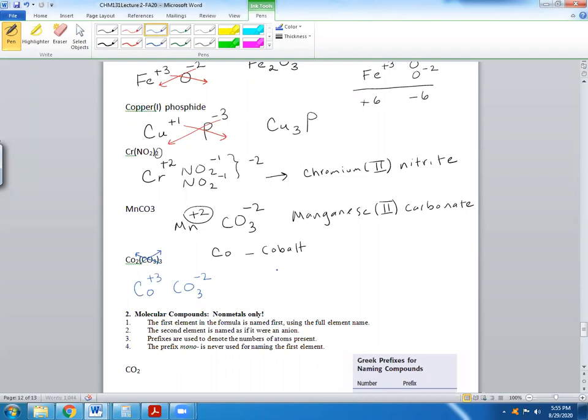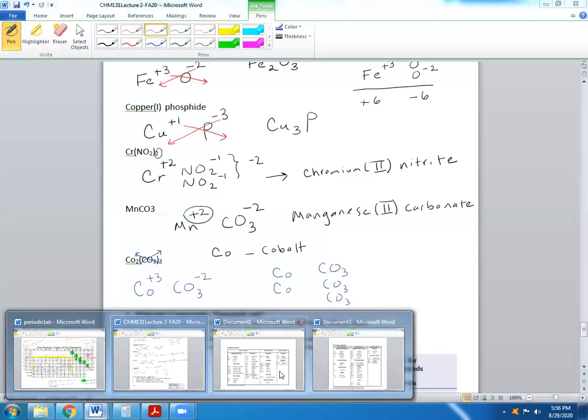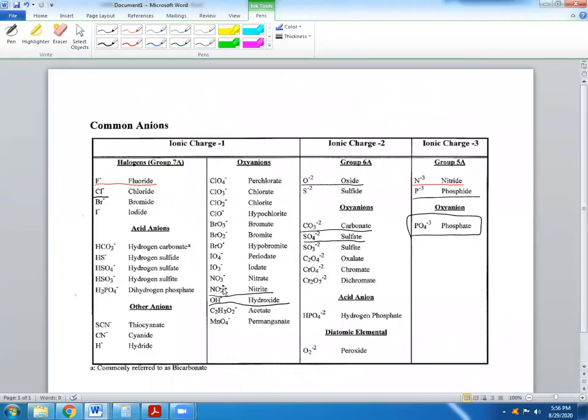Now, even if you don't like this, you can say, okay, what am I supposed to do? Well, you list them. You have Co and Co. You have 2 of them. And you have 3 carbonates. Now, remember what I said is you must go to the ion first and find its charge. Now, we did carbonate before.